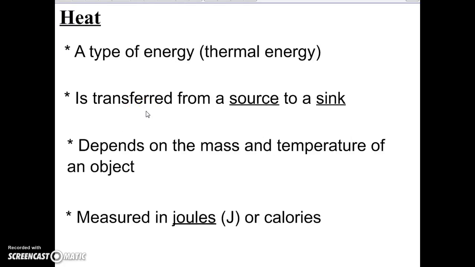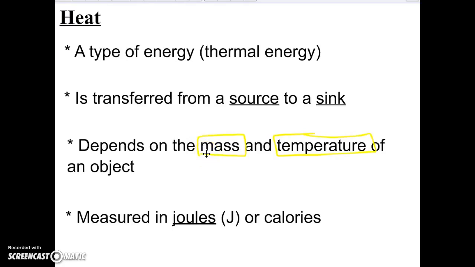Now, unlike temperature, because heat is a kind of energy, it depends on two things. It depends first on the mass of the object, depends on how big it is, and it depends on the temperature of the object. So it's not as simple as just looking at whether something's hot or cold. We also have to look at how much mass it has.